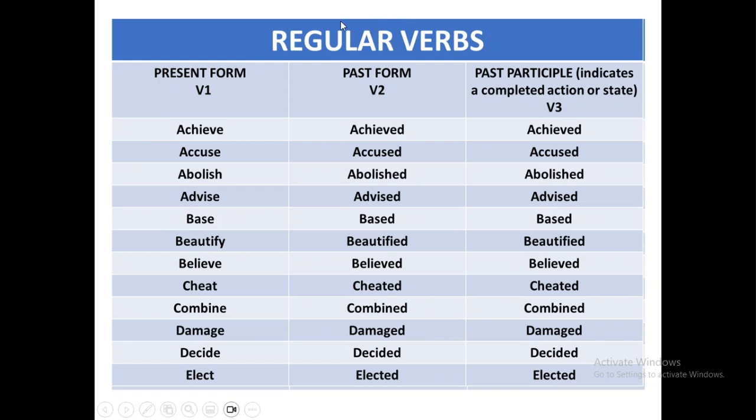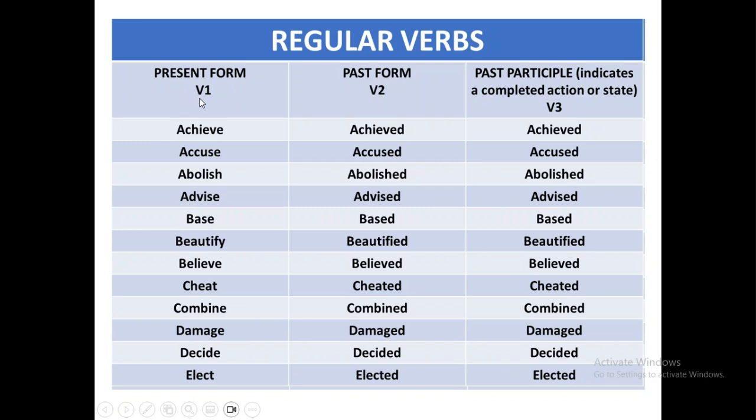Regular verbs, V1, V2, V3: achieve, achieved, achieved; accuse, accused, accused; abolish, abolished, abolished; advise, advised, advised; base, based, based; beautify, beautified, beautified; believe, believed, believed; cheat, cheated, cheated; combine, combined, combined; damage, damaged, damaged; decide, decided, decided; elect, elected, elected.